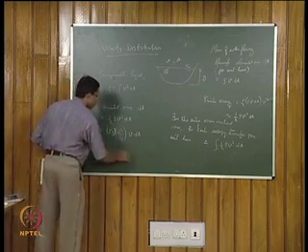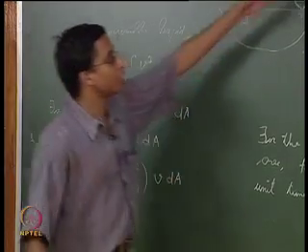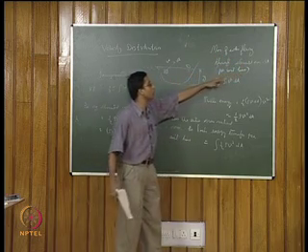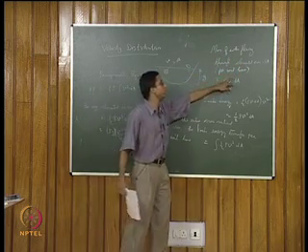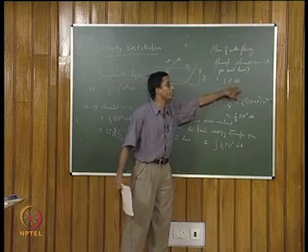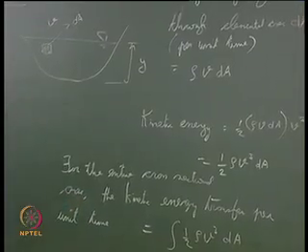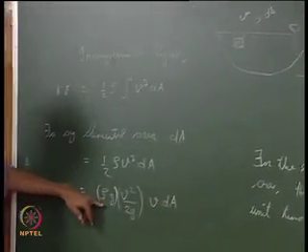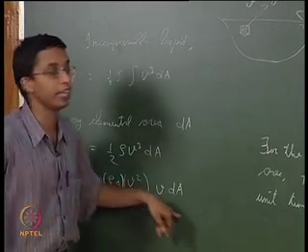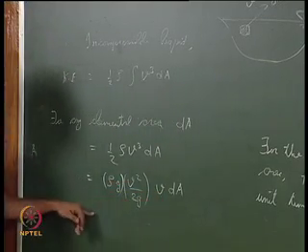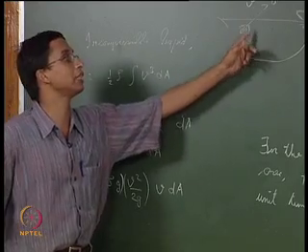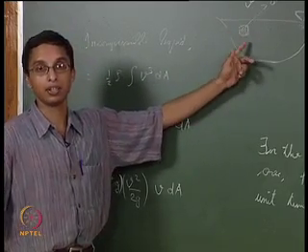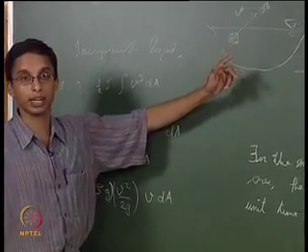So, what does this mean? When we started, the mass of water flowing through the elemental cross sectional area dA was given as rho v dA. Now, what do you mean by rho g v dA? This is the weight of the liquid that gets transferred through this elemental area dA per unit time.